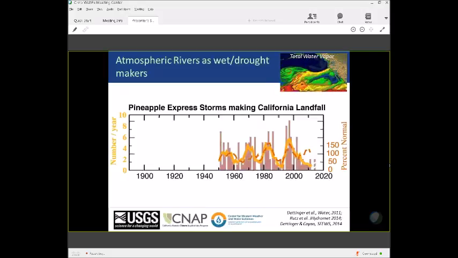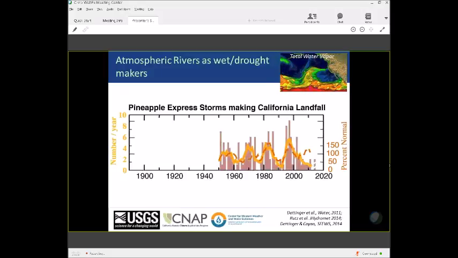When those hit the coast, they get lifted up over the mountains, and they dump. Those are our big storms. They dump massive amounts of precipitation here in California. The time series shown here is a particular version of these atmospheric rivers, called Pineapple Express storms, which, if you haven't heard about atmospheric rivers, you will have heard of Pineapple Express storms, I think.